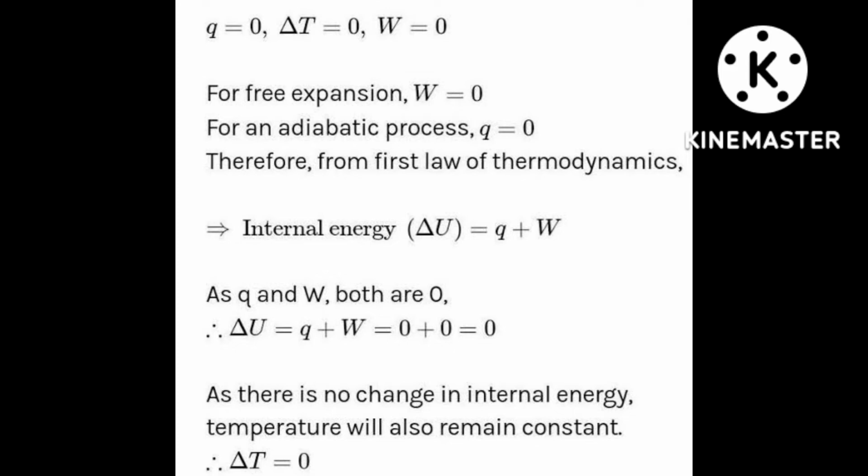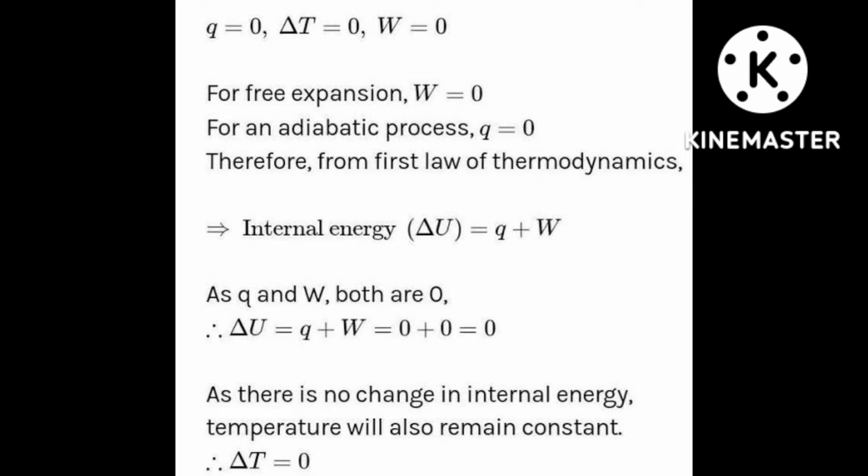Second relation, for isothermal reversible. Here isothermal means T is constant. For isothermal reversible change, Q is equal to minus W, and minus W is what we have written above, same as in the case of free expansion.